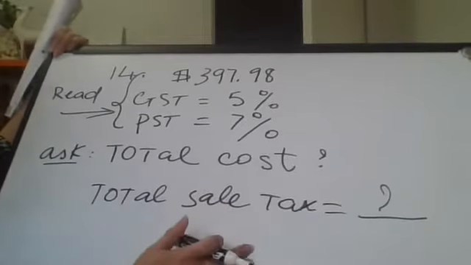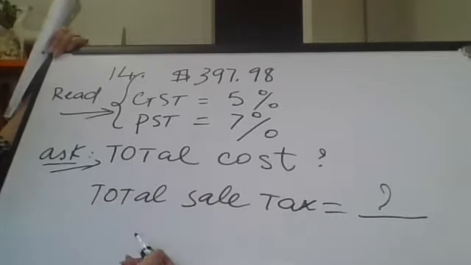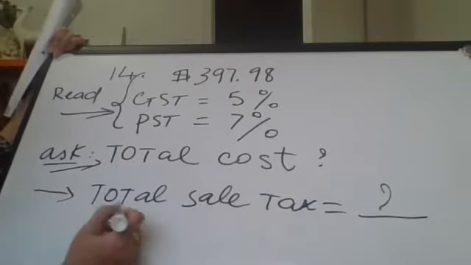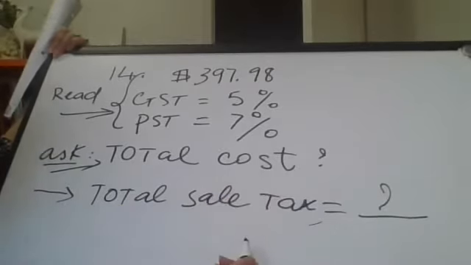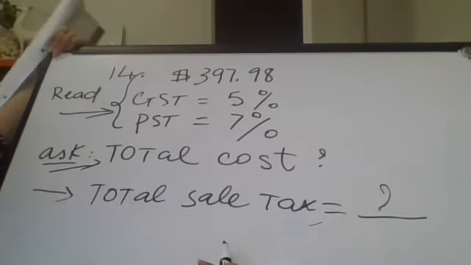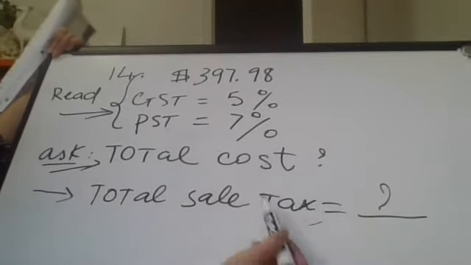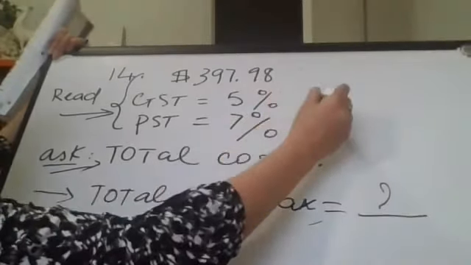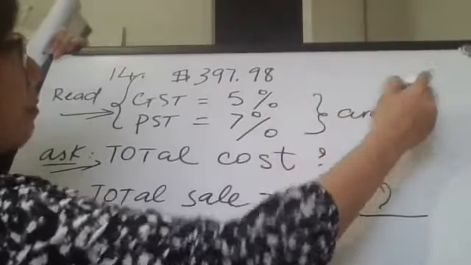You've got to read the question. They might ask for total cost, or they might ask only about the total tax you have to pay the government. It depends on the question, and you have to read it to understand it. If they ask about total cost, you have to figure out the amount of tax you have to pay.